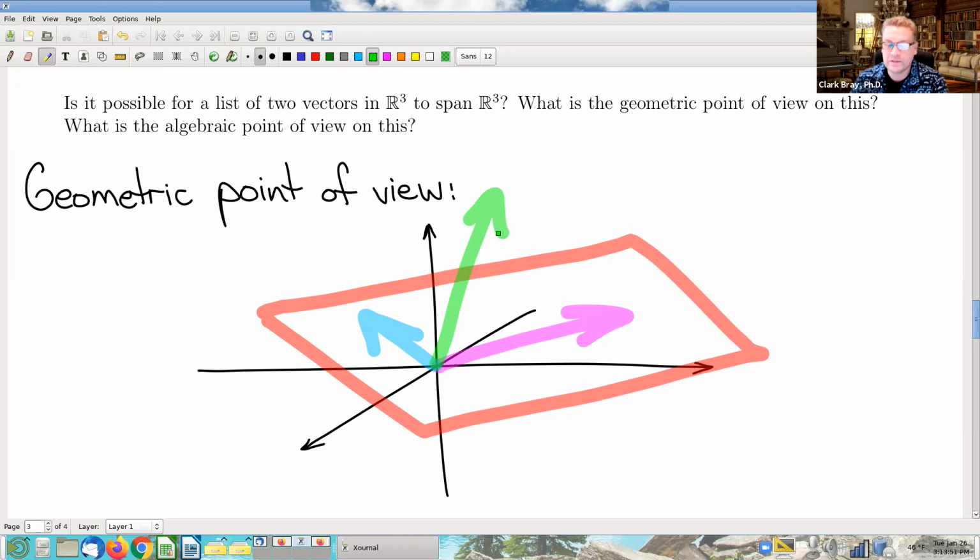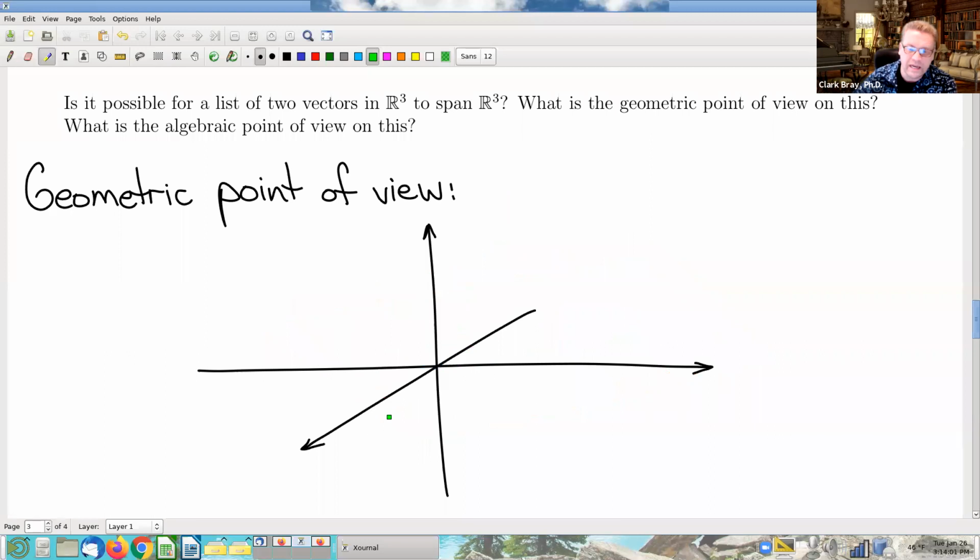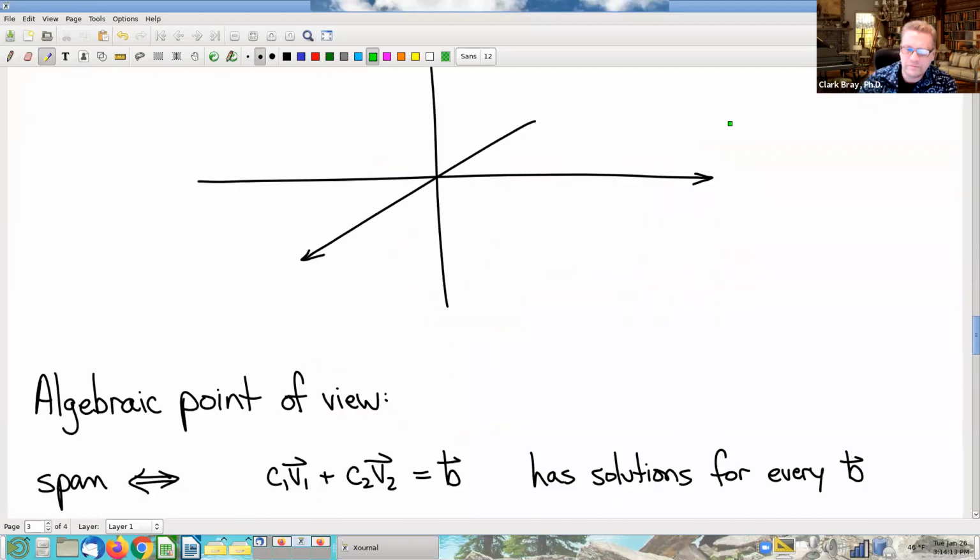But how to make this precise is very reliant on geometric intuition that we just can't make precise. So, look, I think this is persuasive, but I don't think it's rigorous. And it has holes in it, and it's a little uncomfortable. So let's take the algebraic point of view instead.